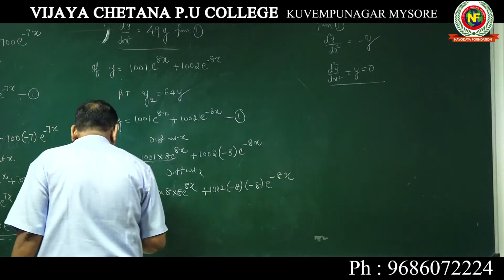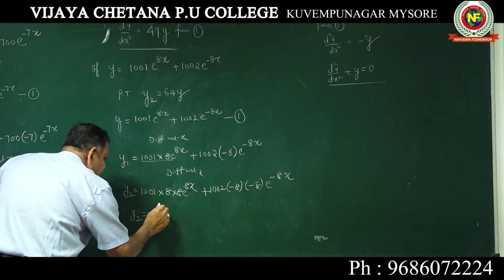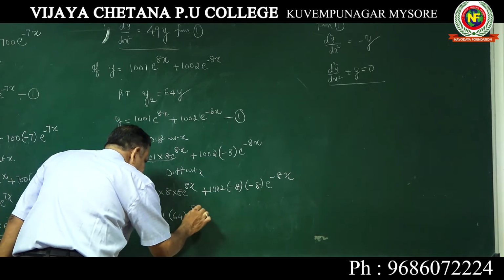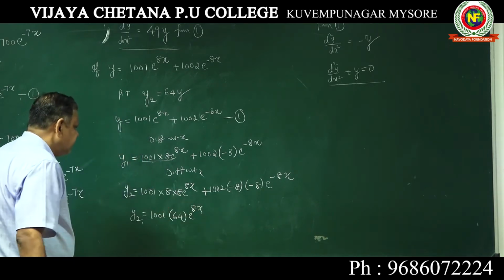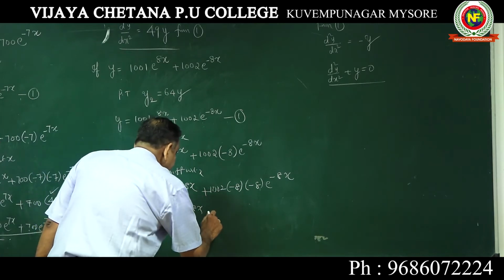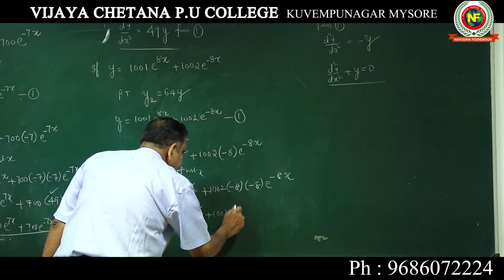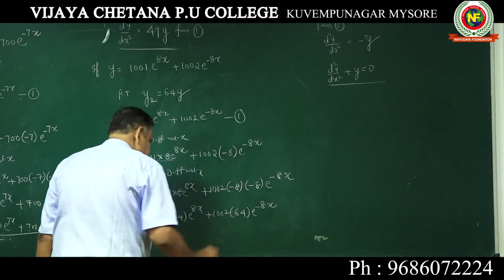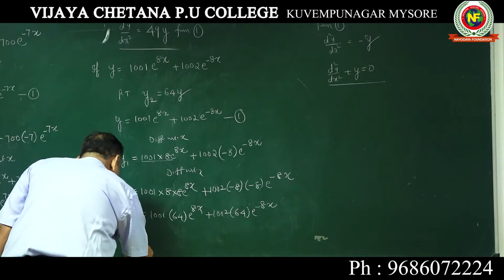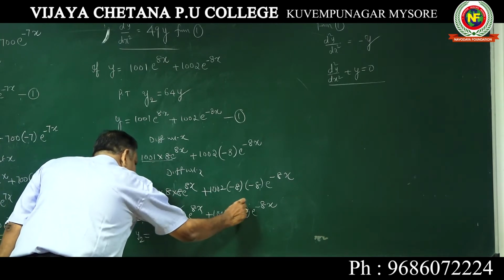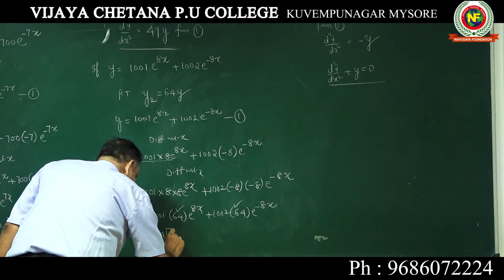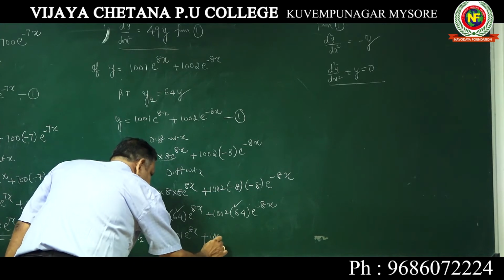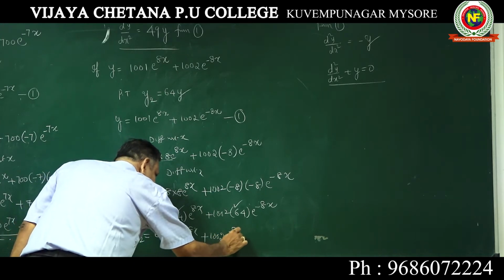Now y2 is equal to 1001 into 64 e to the power of 8x. Don't multiply with this, keep as it is. 64 e to the power of 8x plus 1002 into minus 8 into minus 8, again 64 e to the power of minus 8x. Or y2 is equal to, take out 64 outside, 64 into 1001 e to the power of 8x plus 1002 e to the power of minus 8x.